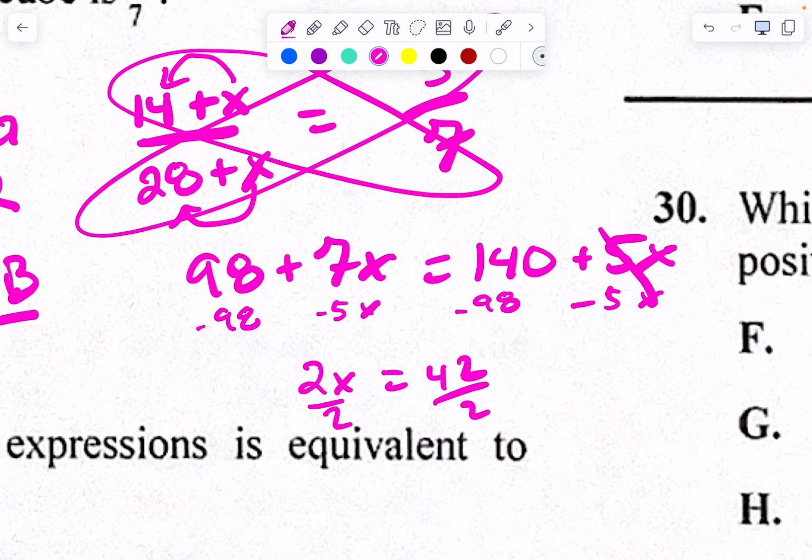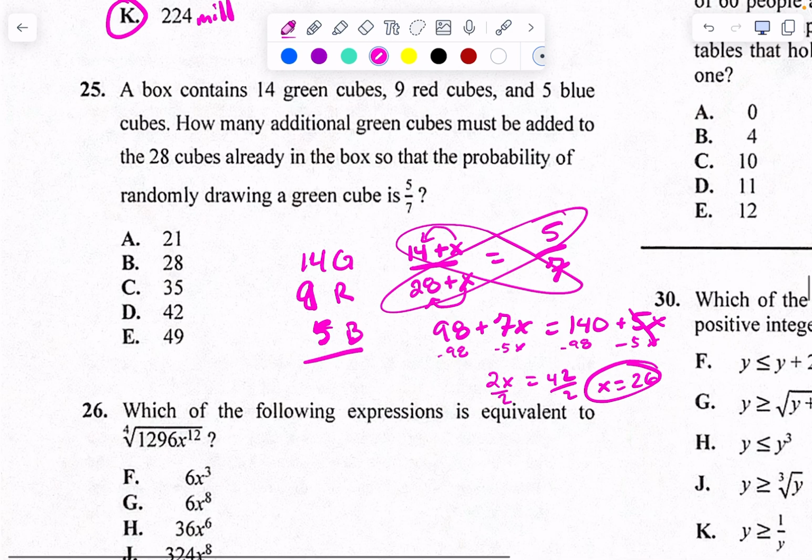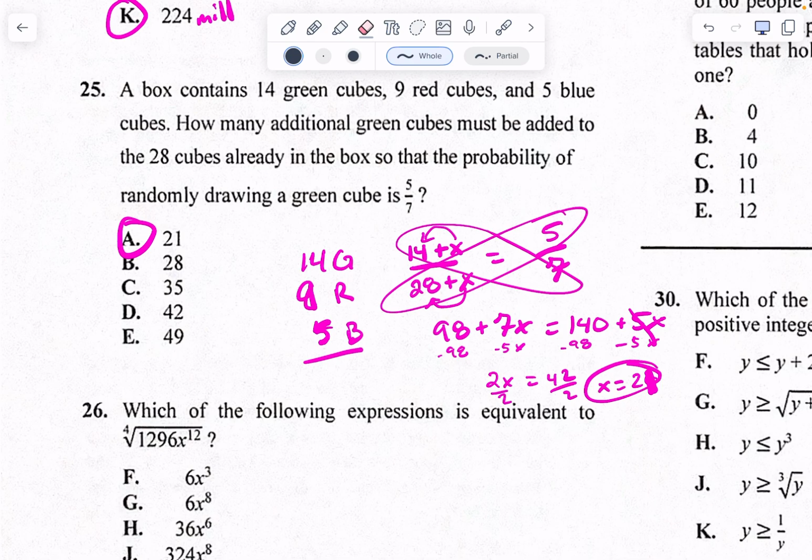Divide by 2. 21. I'm sorry, 21 cubes. Yeah? Probably wouldn't have gotten that wrong. Anyway. That was a weird one.